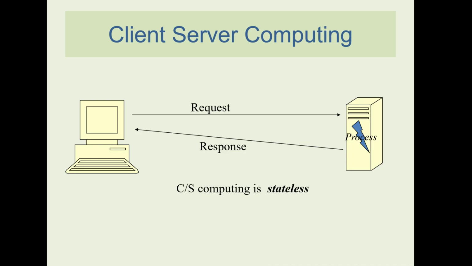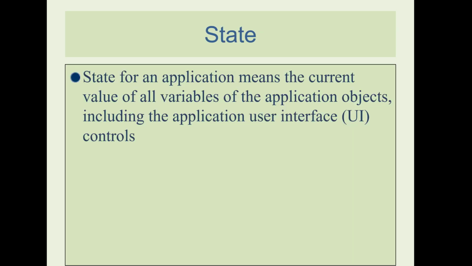And one very important concept that is relevant to this kind of computing is statelessness. State for an application is the combination of all the current values of variables or application objects.